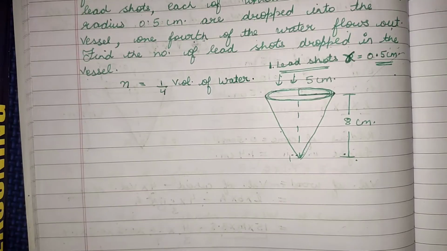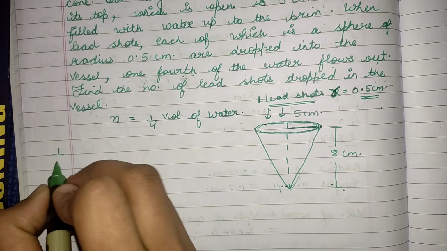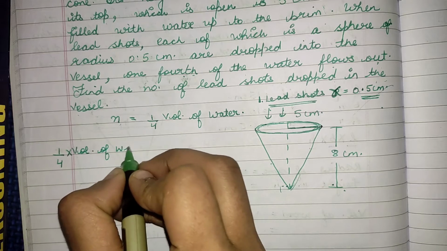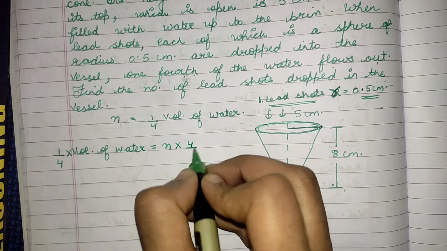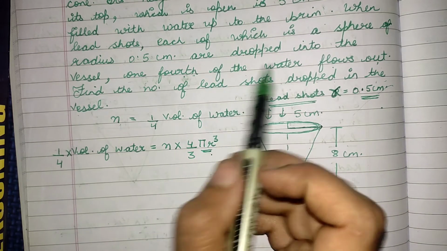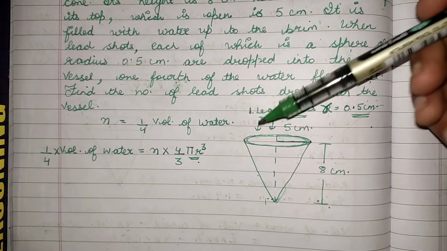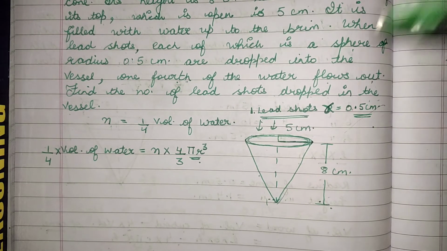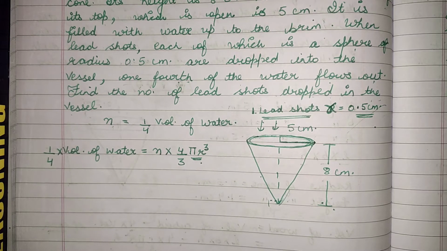Okay, so let us see how to do this question. 1/4 of the volume of water is equal to the volume of the lead shots, and the lead shot is in the form of a sphere. When they drop the lead shots into the water, 1/4 of the water falls out.